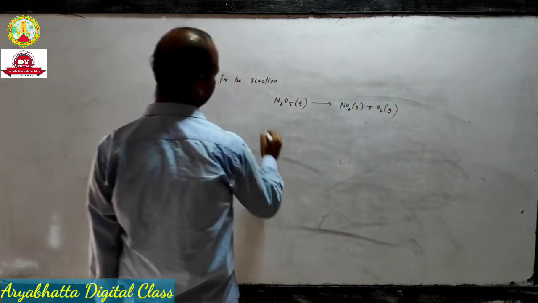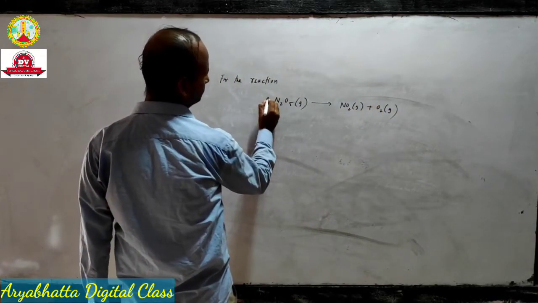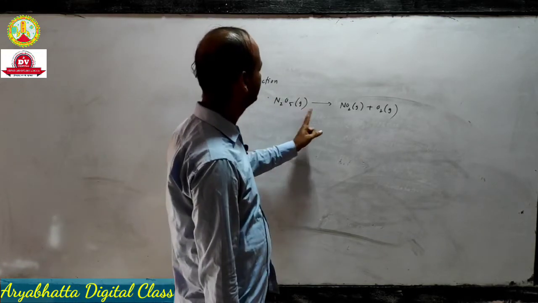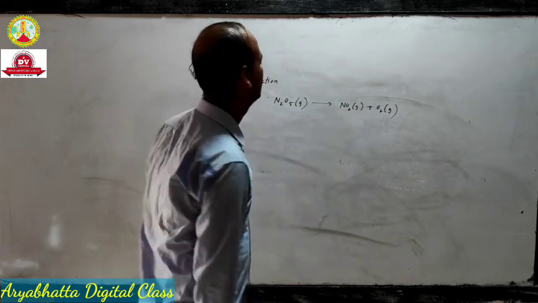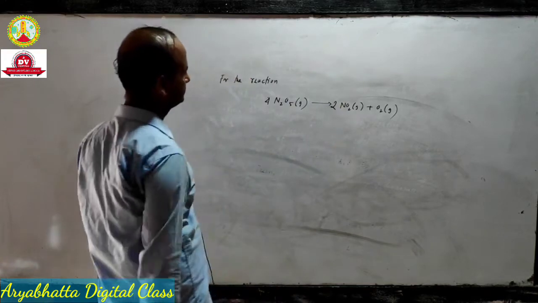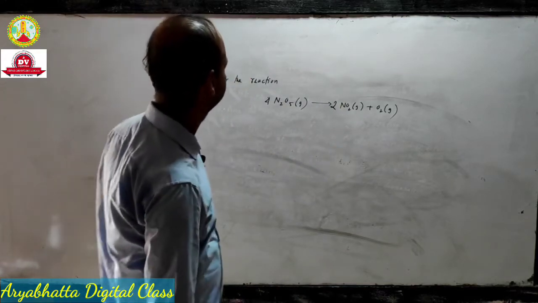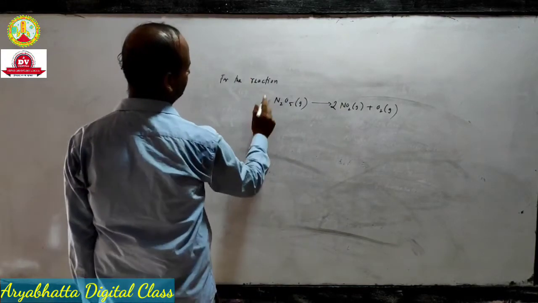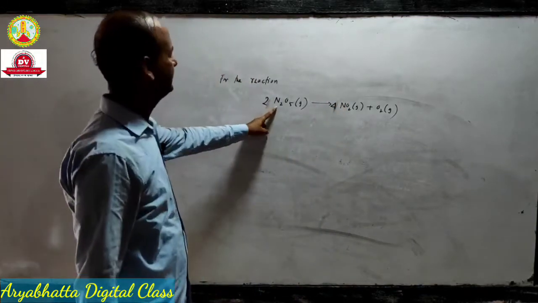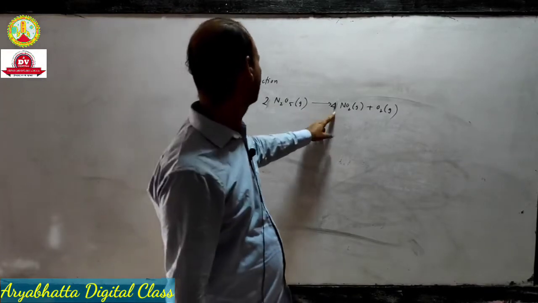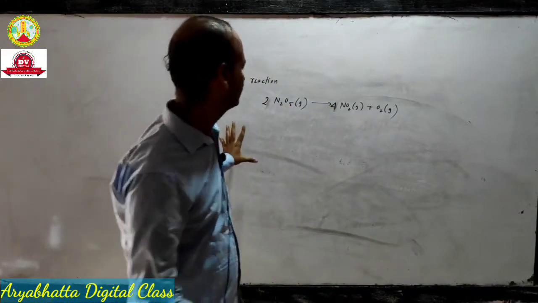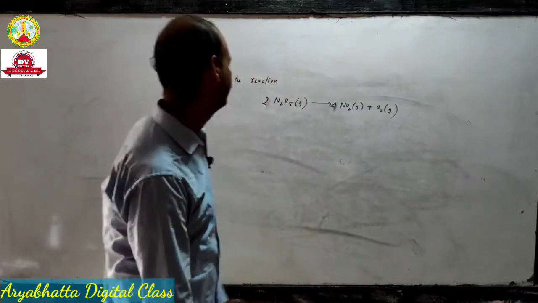After balancing, this is dinitrogen pentoxide, this is NO2, and this is O2. The coefficients will be 2, 4, and 1. Now let's check: nitrogen is 4 on both sides, and oxygen is 10 on both sides. So the balancing is okay. Clear?